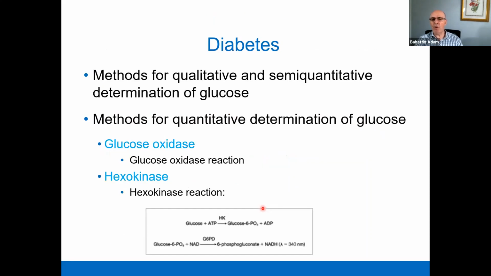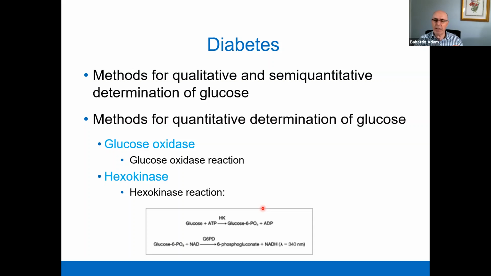Okay, the methods for qualitative or semi-quantitative determination of glucose are several, and there are most methods for quantitative determination of glucose. There are two common methods, glucose oxidase methods and hexokinase methods.